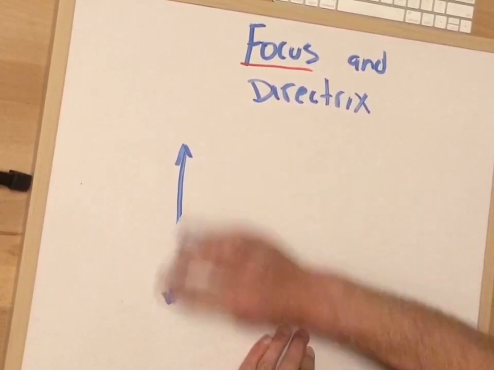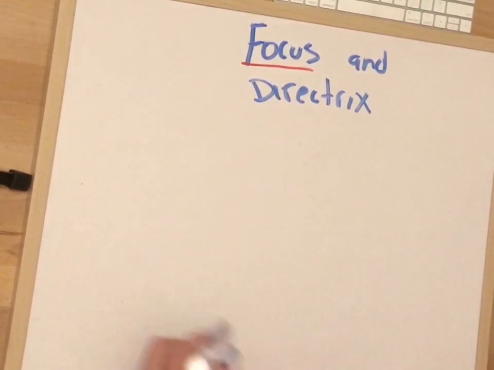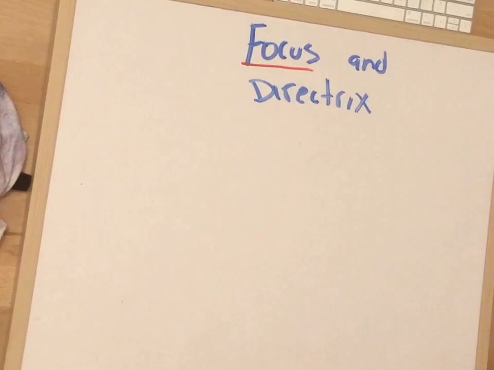If you look this up online, focus and directrix of a quadratic. It's kind of hard for me to teach it to you when I'm not in person. The main point is any point on a quadratic is equal distance to the directrix line and the focus point.